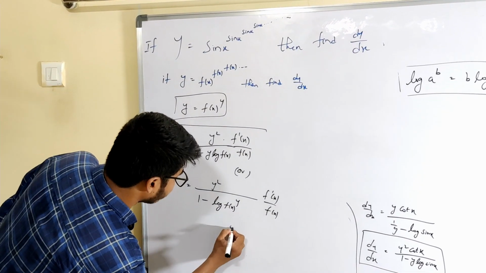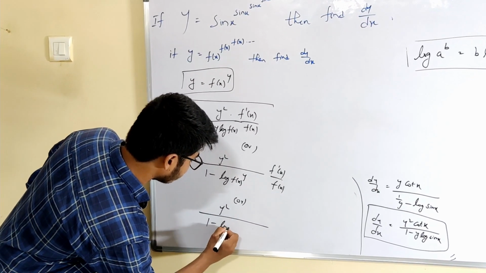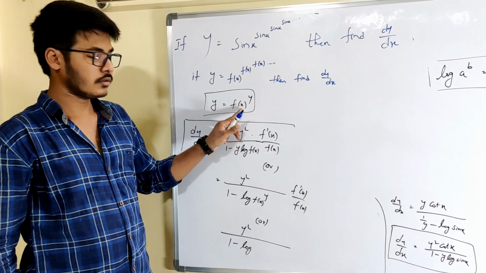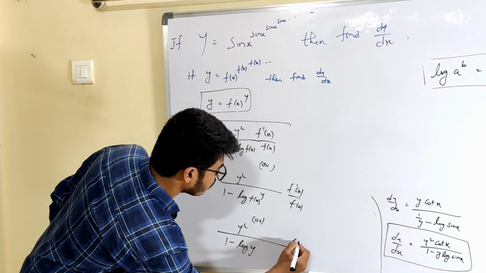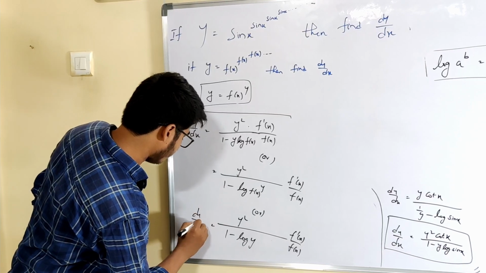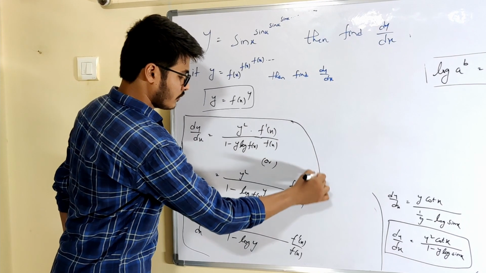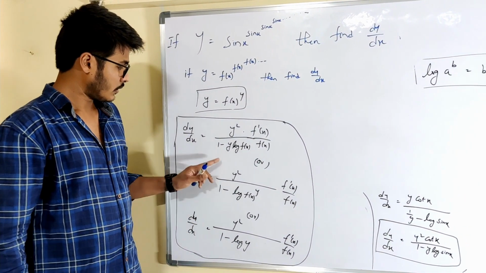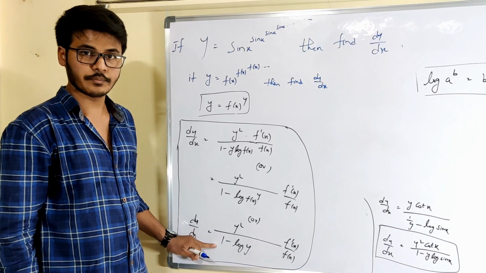Or we can also write y square divided by 1 minus log of (f of x) to the power of y, so we can replace this as y, into f dash of x by f of x. This is the shortcut for the given question. The answer may be one of this form.